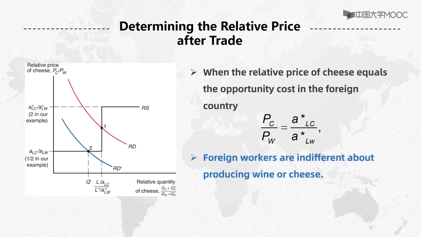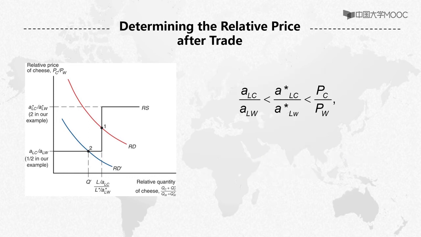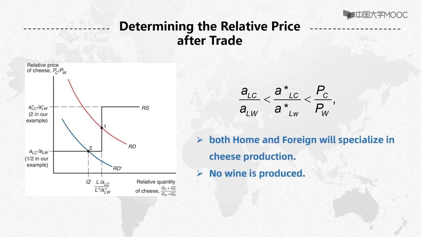At PC over PW equals aLC star over aLW star, foreign workers are indifferent between producing cheese and wine. Thus, we again have a flat section of the supply curve. Finally, when PC over PW exceeds aLC star over aLW star, both home and foreign will specialize in cheese production.